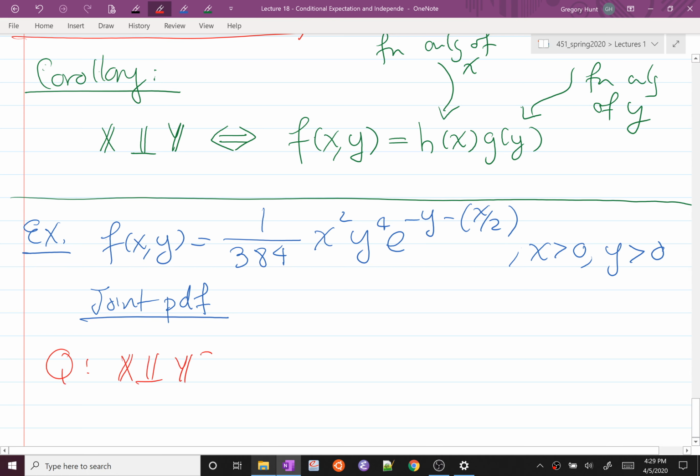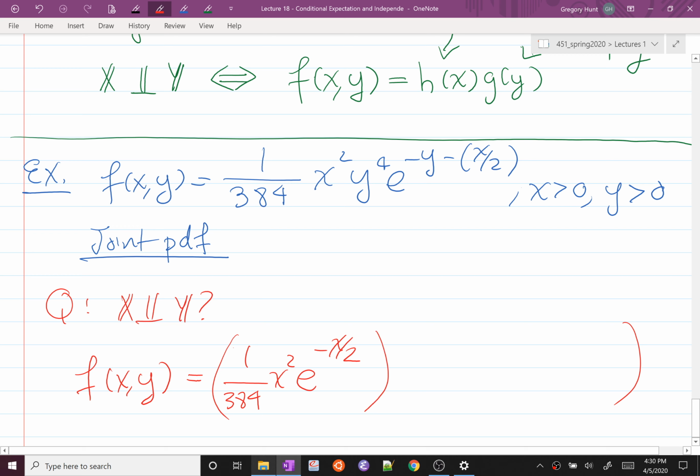The first is 1/384, x squared, e to the negative x over 2. And the second I can just pull out: y to the 4th, e to the negative y.